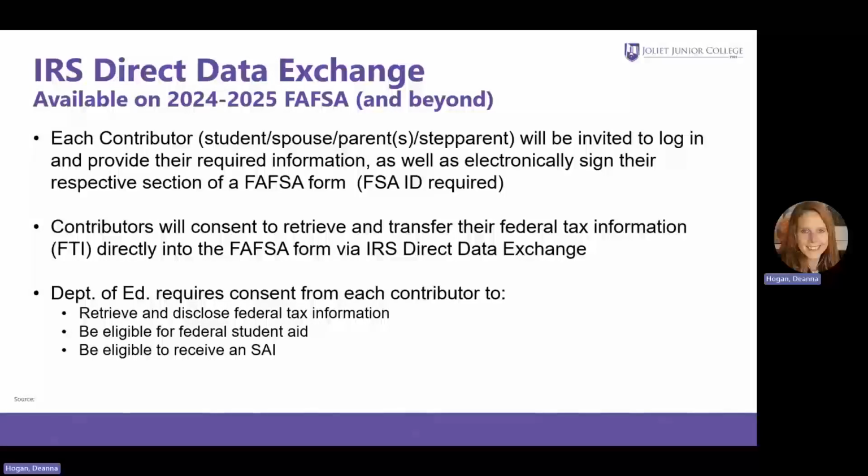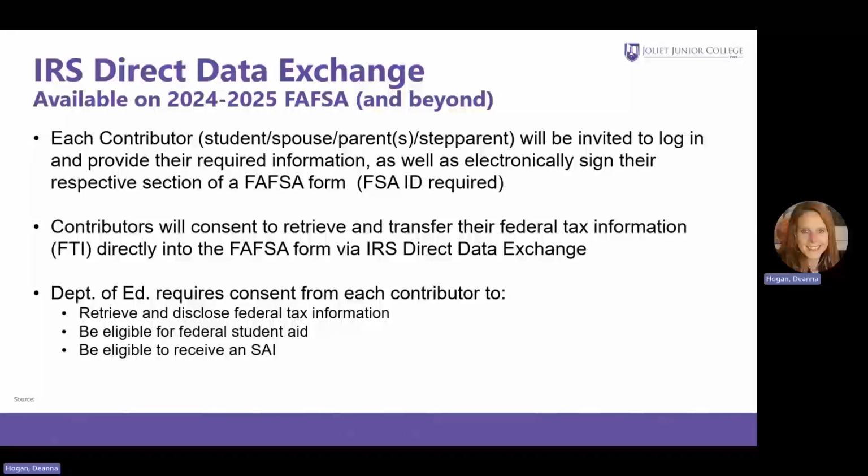Beginning with the 2024-2025 FAFSA, each contributor will be invited via email to log into the FAFSA using the required FSA ID and complete their information as well as electronically sign the FAFSA form.